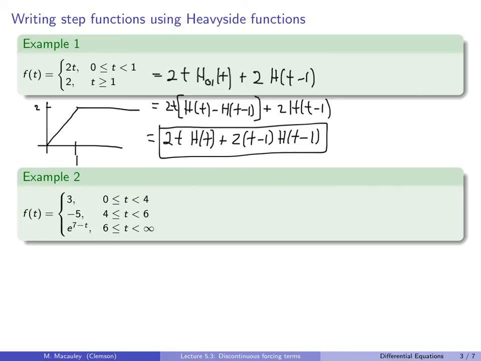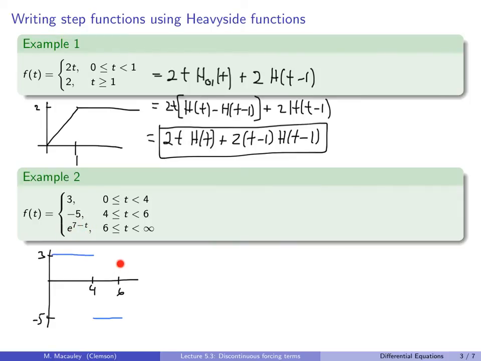Okay, so the next function is, let's get my pen back. This is the function that is 3 on 0 to 4. Then it's negative 5 from 4 to 6. And then this is an exponential function.